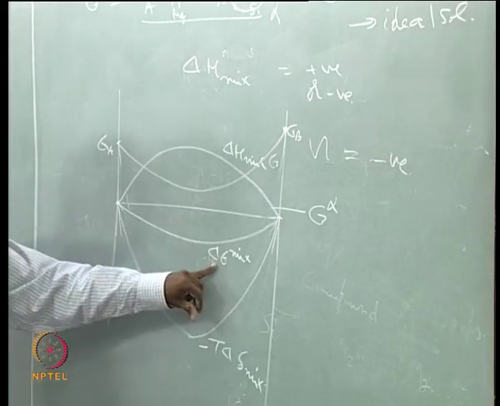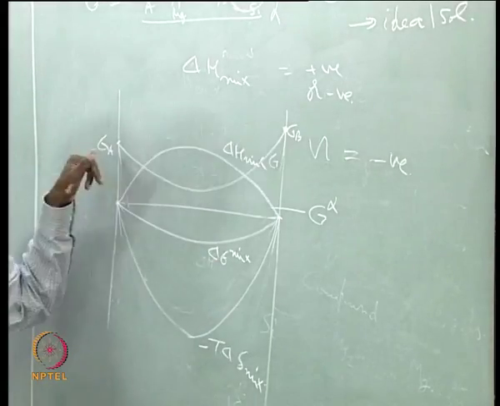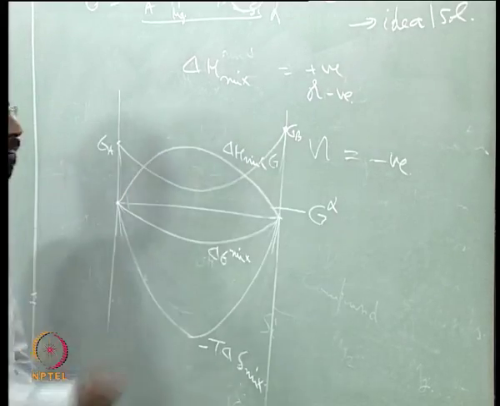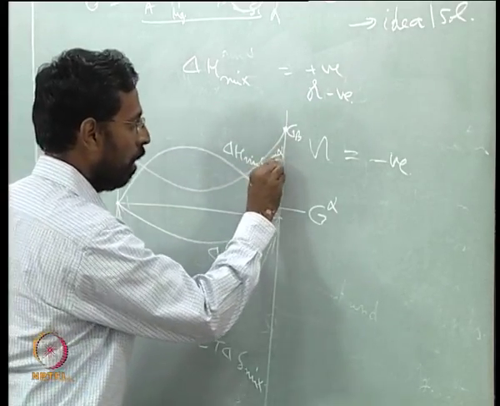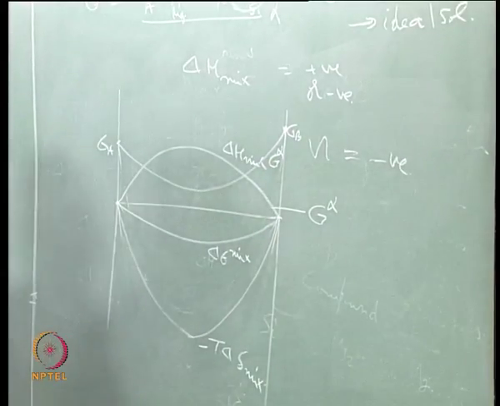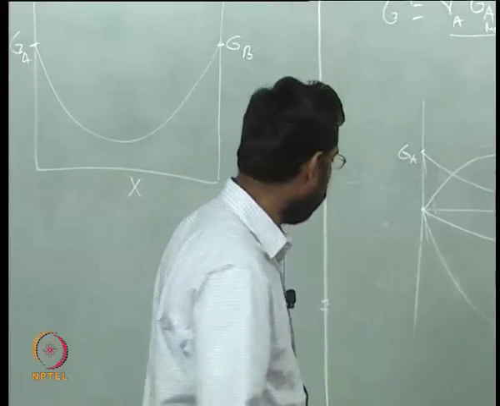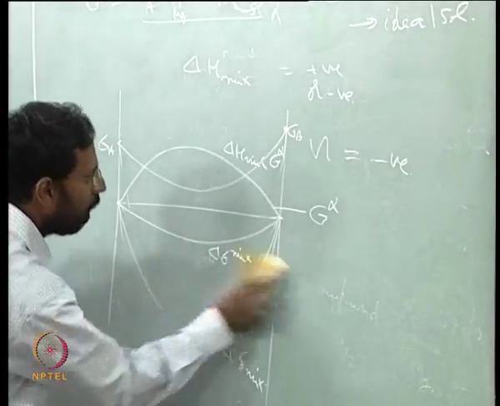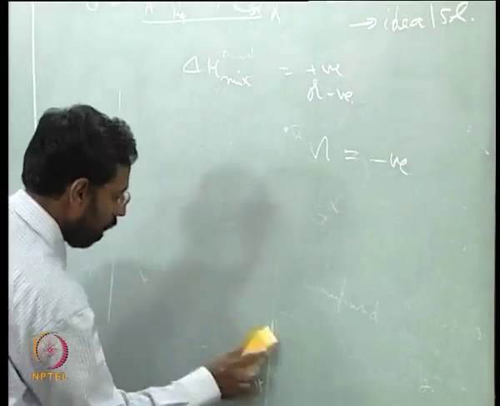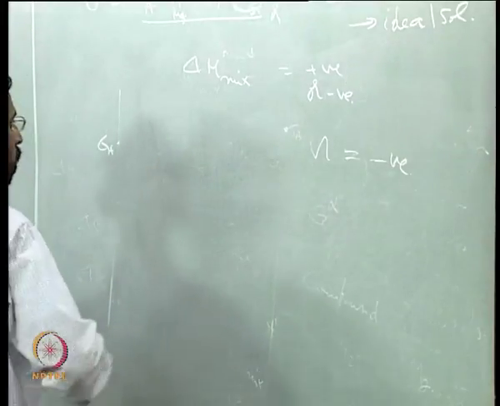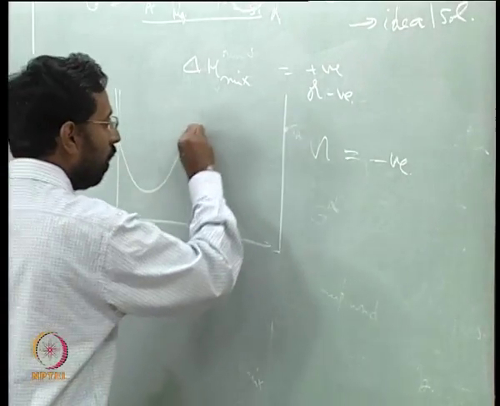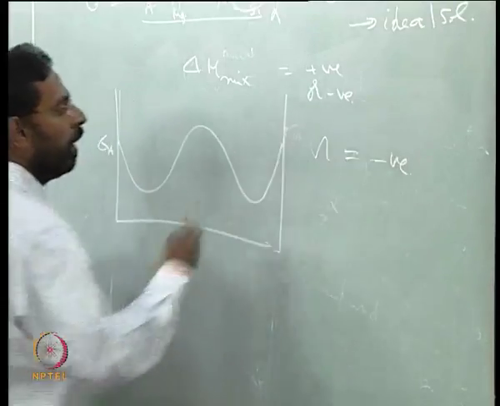This is the delta G mixing, and if you add the delta G mixing to two pure metals, you would get an actual free energy curve. G alpha will be like this. But now if you see that this is going to be larger than this value, then you would end up in situations where the actual free energy curve may be something like this.